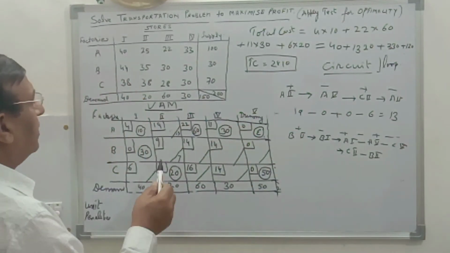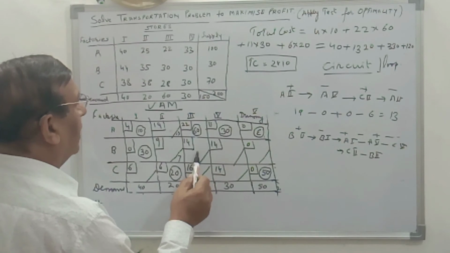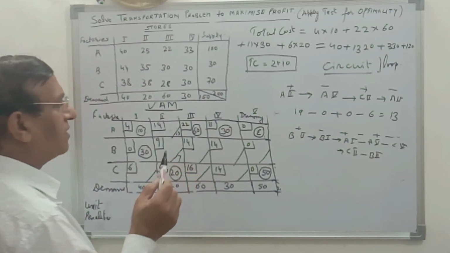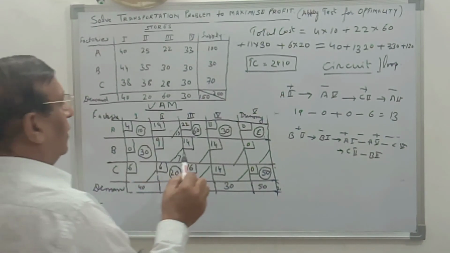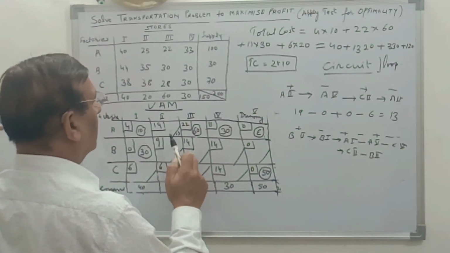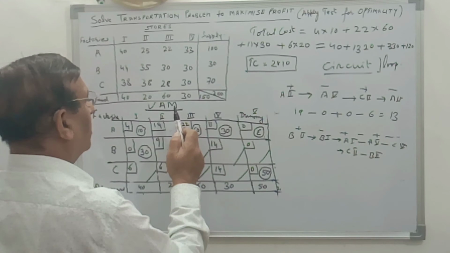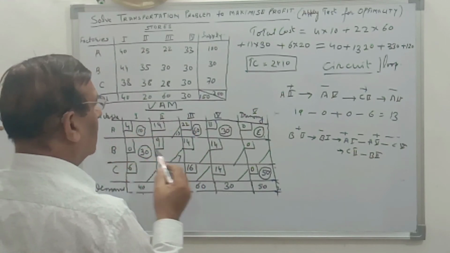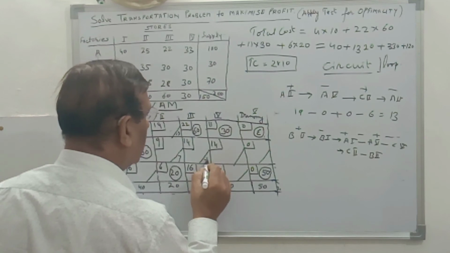So here it is very simple now, 14. From here go to this, this, this and again this. So 14 minus 22 minus 8 plus 4, so it is minus 4.